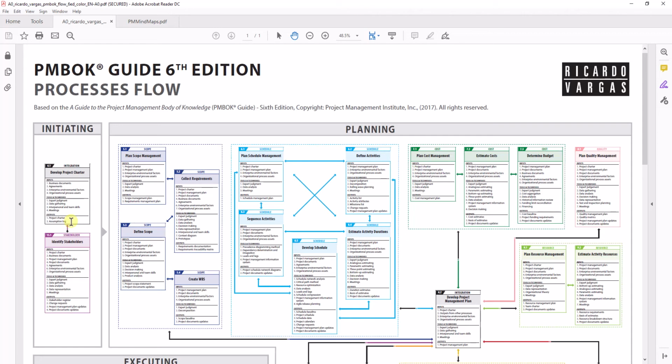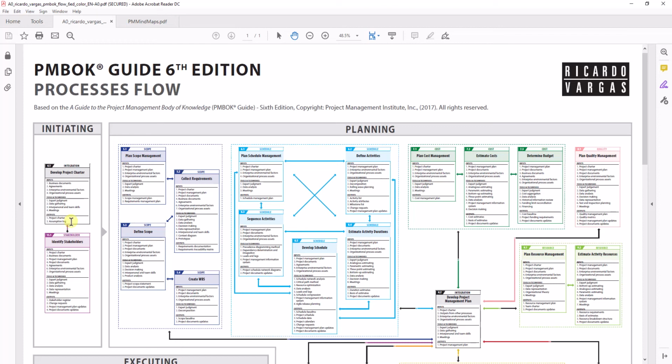And when you use the word sequence, usually we think of process groups or phases. So I believe it is an even better way if we go phase by phase, or process group by process group, and discuss these ITTOs. It makes more sense because the output of one process flows in as an input to another process.